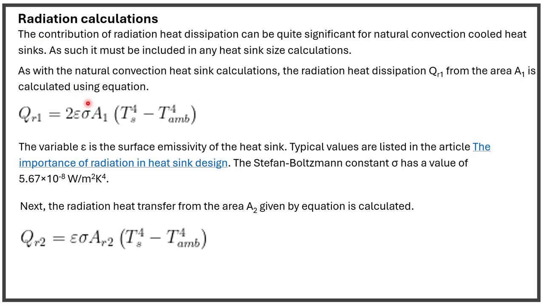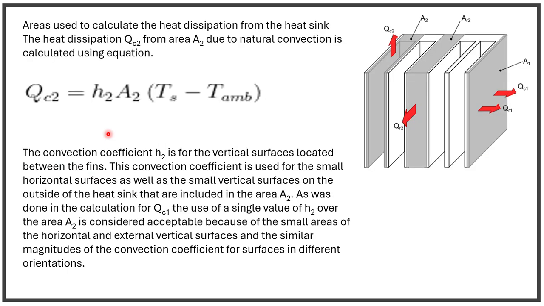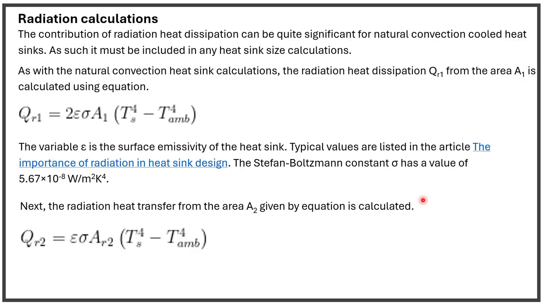So here is the formula to calculate the heat radiation QR1, and here you can see, as we discussed earlier in this image, this will be the radiation from the side and from the top and bottom. So similarly to Qc1 and Qc2, we will have QR1 and QR2. That will be the heat transfer due to radiation.